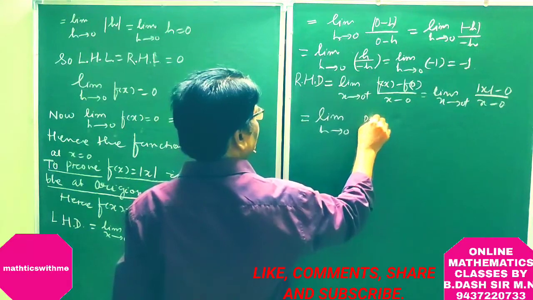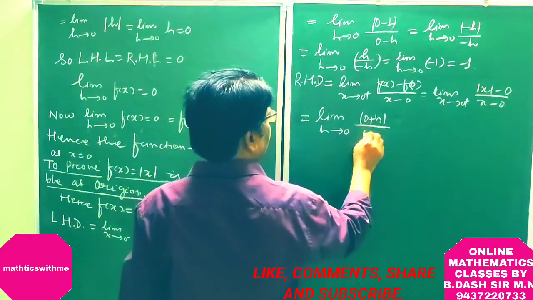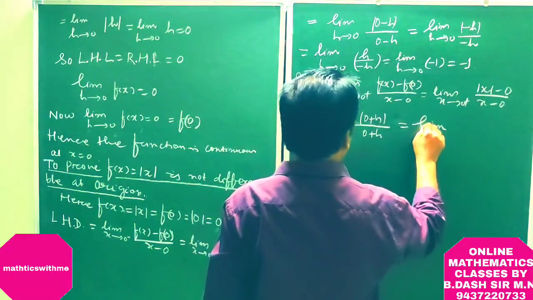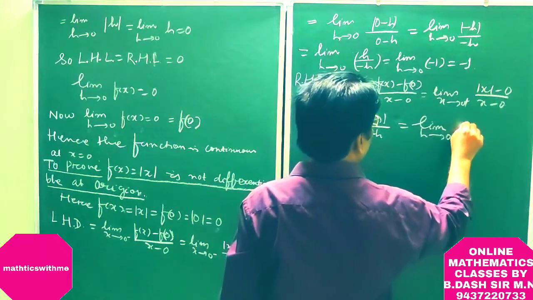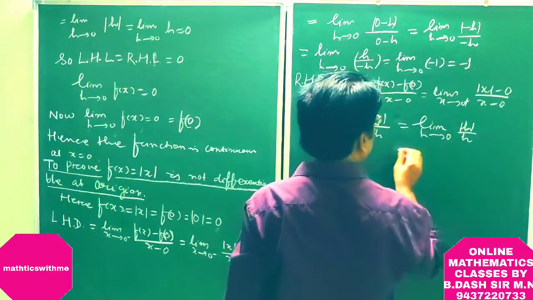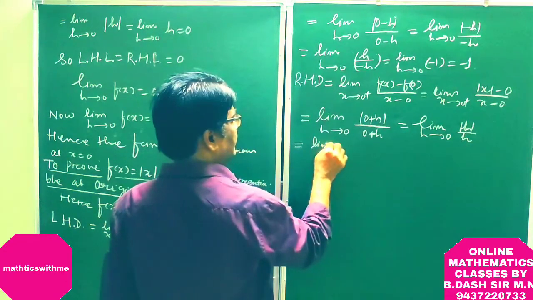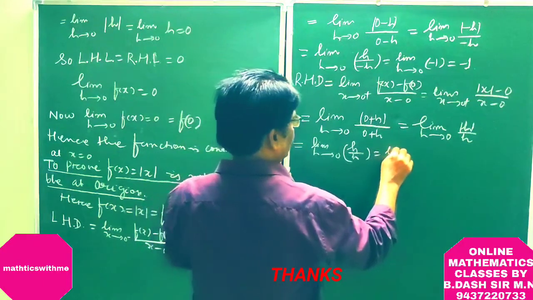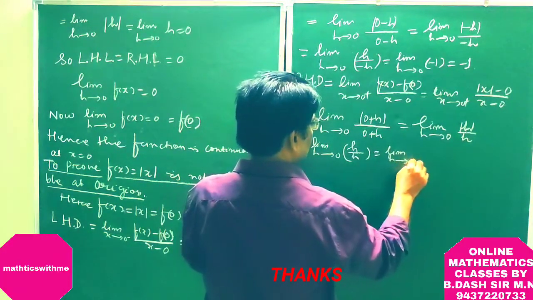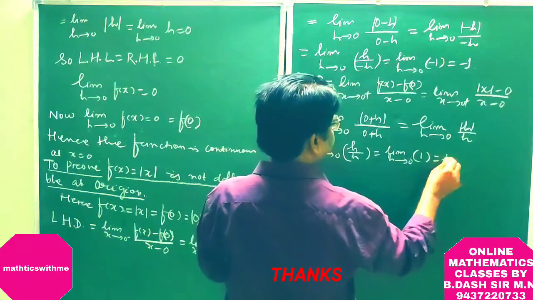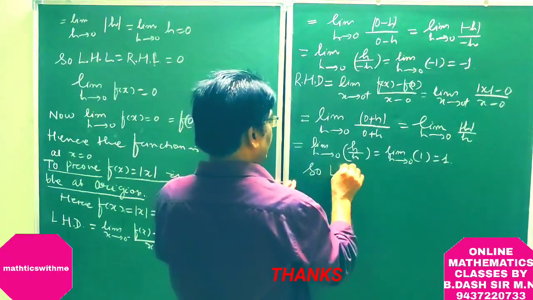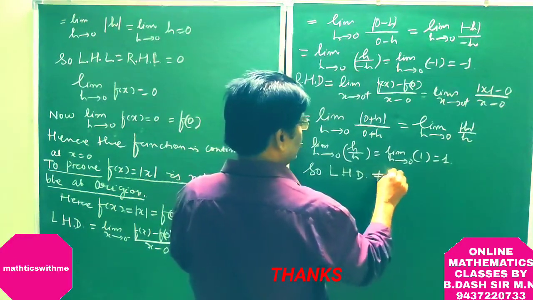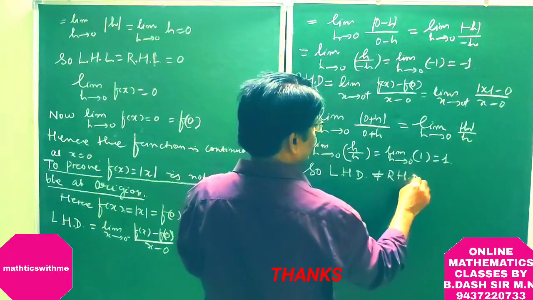This will be 0 plus h mod by 0 plus h, which is equal to limit h tending to 0 h mod by h. This is equal to limit h tending to 0 h by h. Limit h tending to 0 1 is equal to 1. So left hand derivative is not equal to right hand derivative.